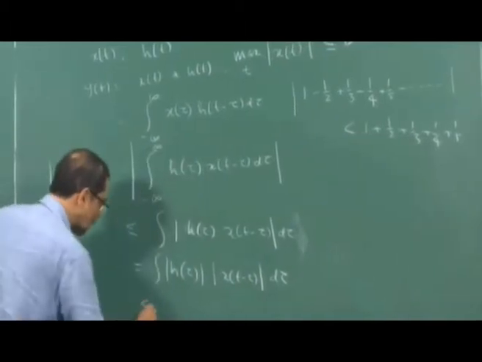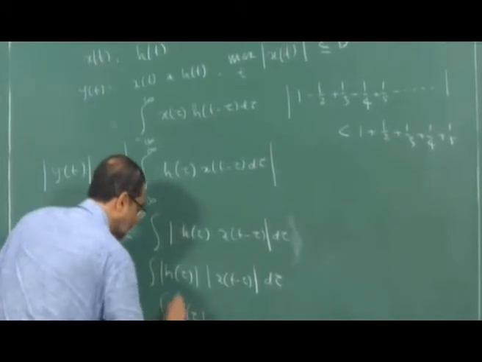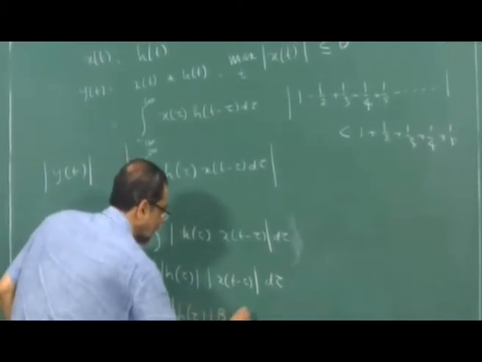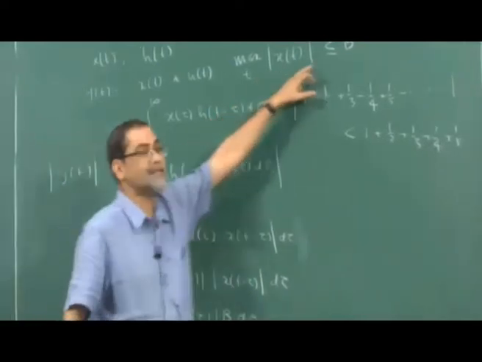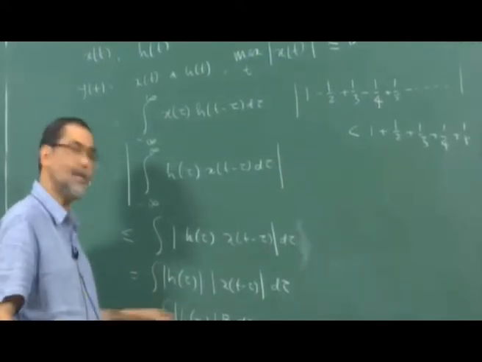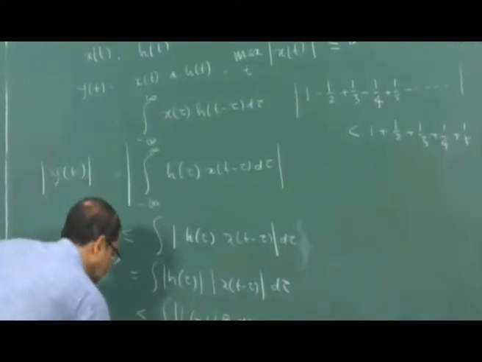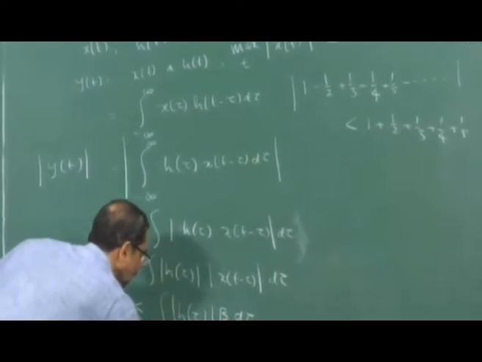So this will be less than or equal to the expression where I have b replacing x, because by assumption x is less than b. So b comes out, and this is equal to b times the integral of the absolute value of h of tau d tau.